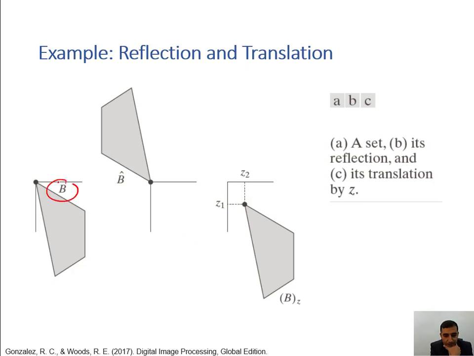If this is B, this is the reflection of B, which is minus B, and this is the translation of B by a point Z1, Z2. So this is how you move an image and how you transform an image.